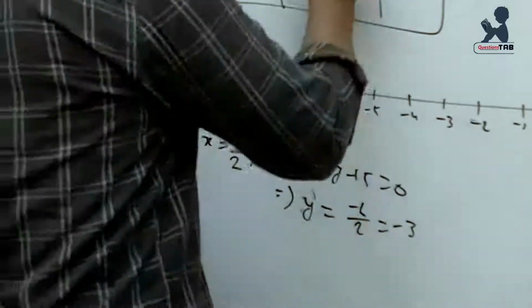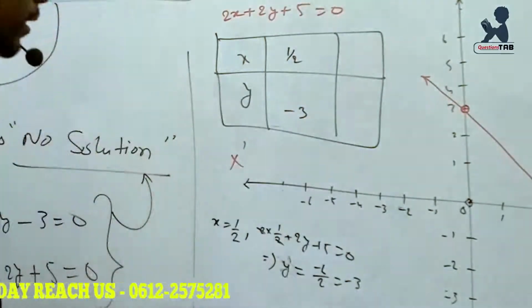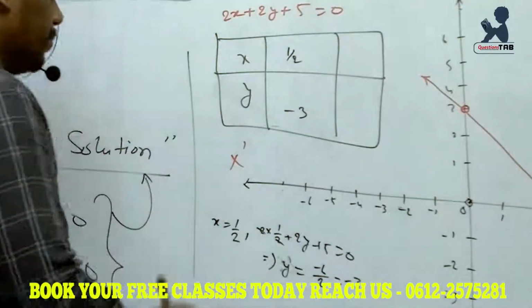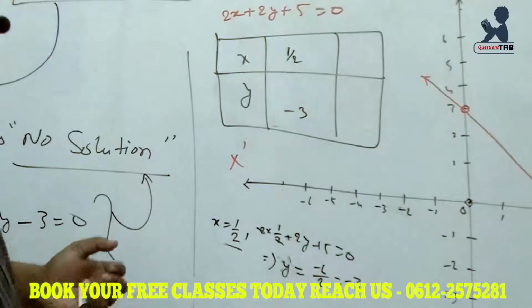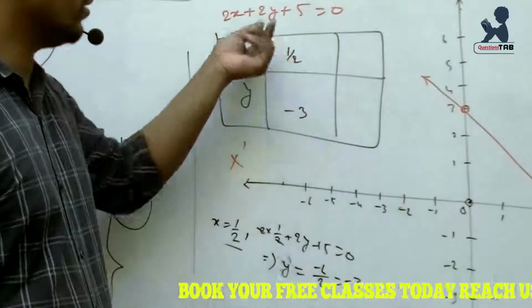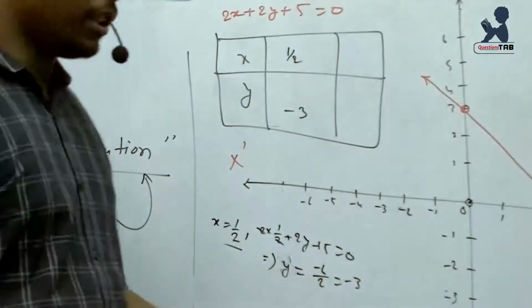So x equals half gives y equals minus 3. We are not taking 0 here because we would get 5 by 2, though that's not a problem.